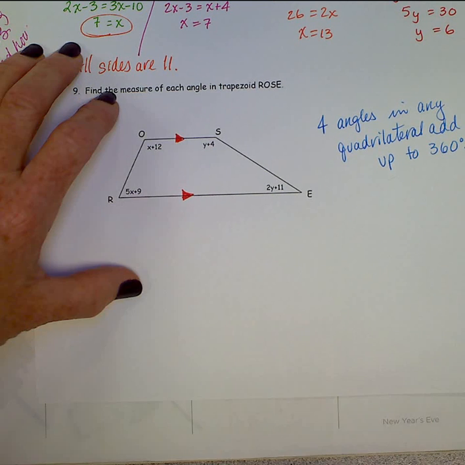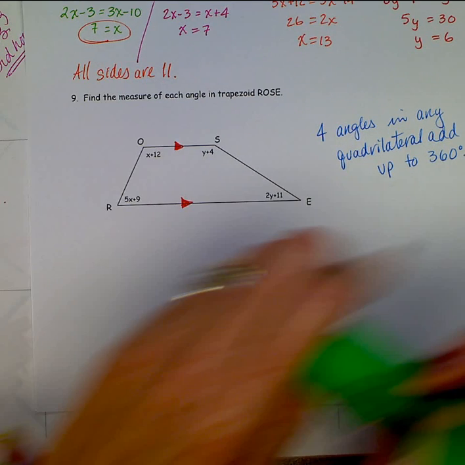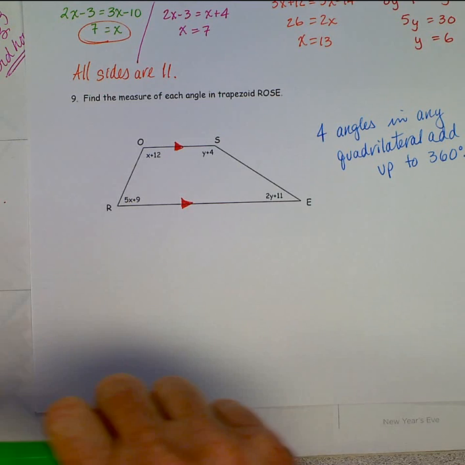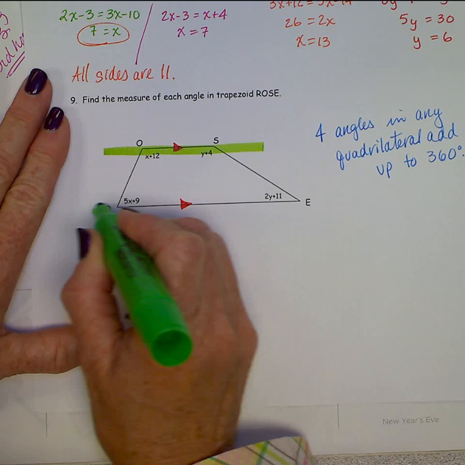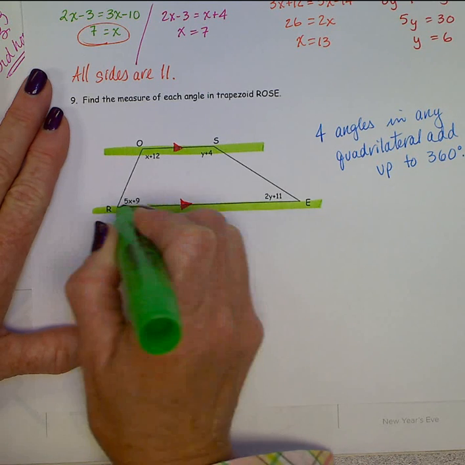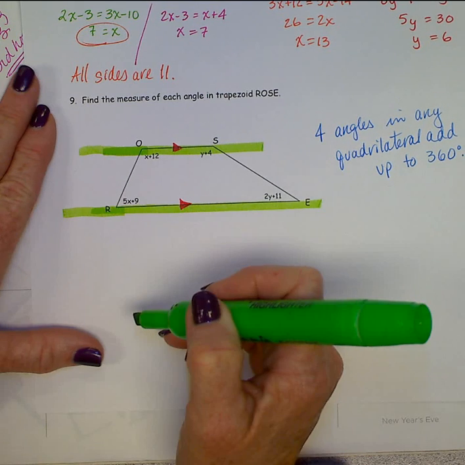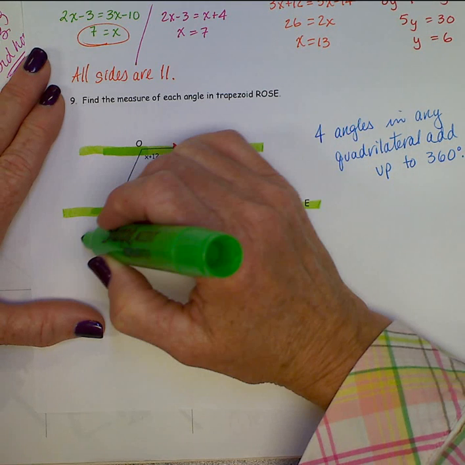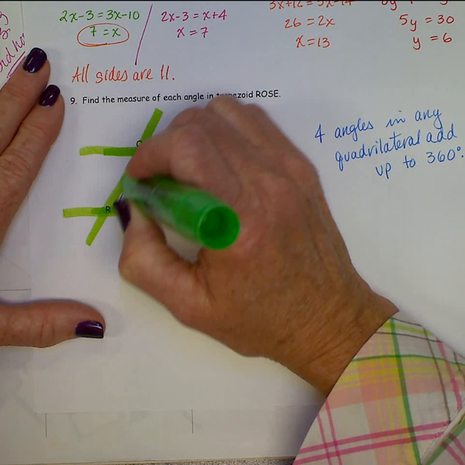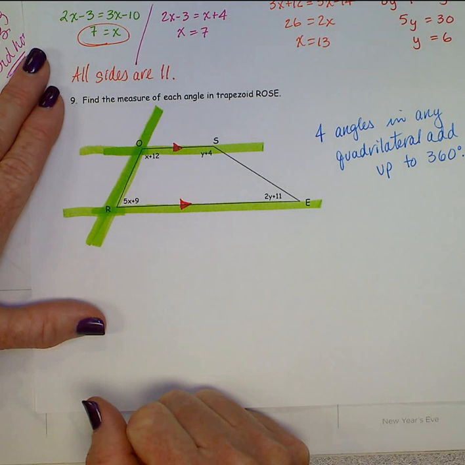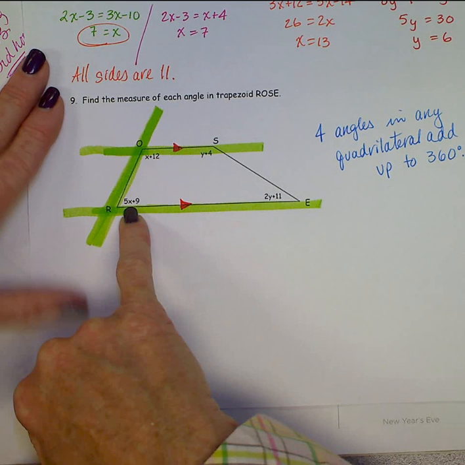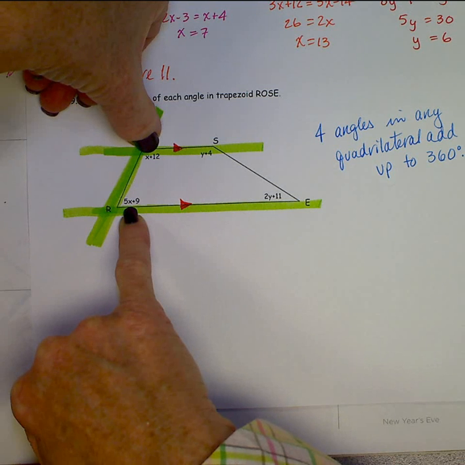So I'm going to need you to remember back to when we did parallel lines before, and I always had you extend out the parallel and extend a transversal. Look at this transversal sitting right here. See these 2 angles, this 5x plus 9 and that x plus 12?